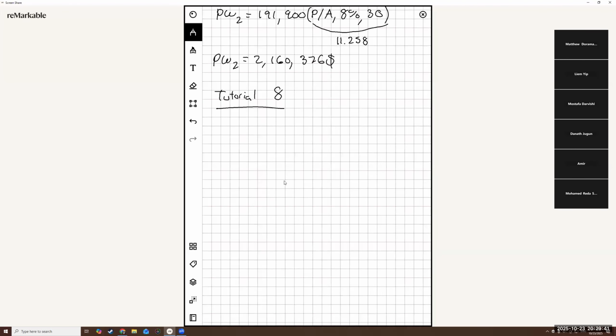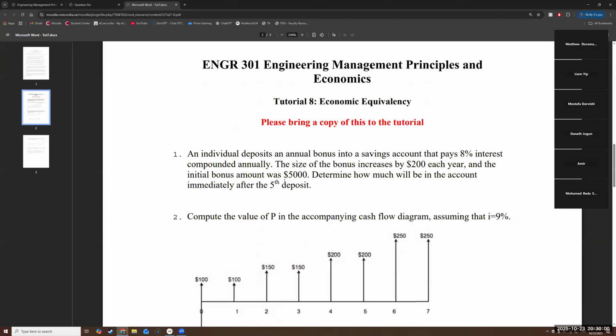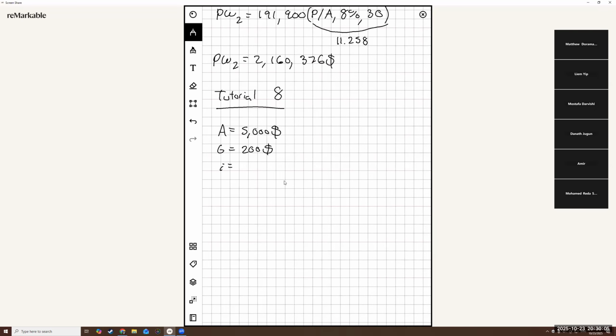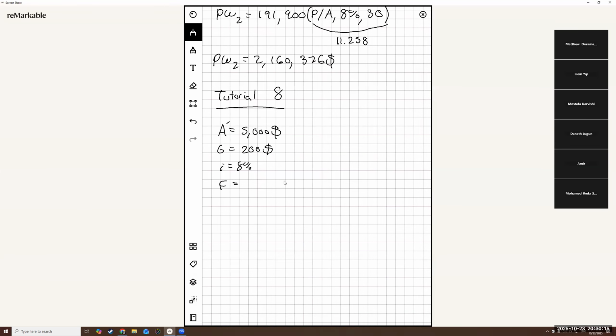Okay, so we have an annuity of $5,000. We have a gradient of $200 each year. It's compounded annually with interest of 8%. And then we want to know what is the future value after 5 years.